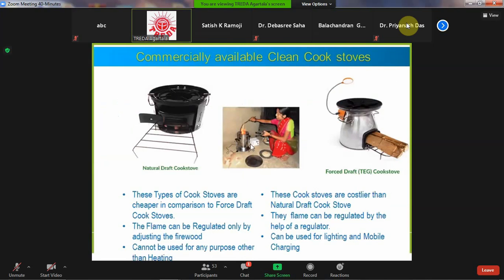So this is a very beautiful system in village area, and any type of organic material from the house, waste like paper, leaves, small pieces of wood, whatever is organic, we can also use in this, and by this way our village houses are also clean. So this is the cook stove system we can use in rural areas.